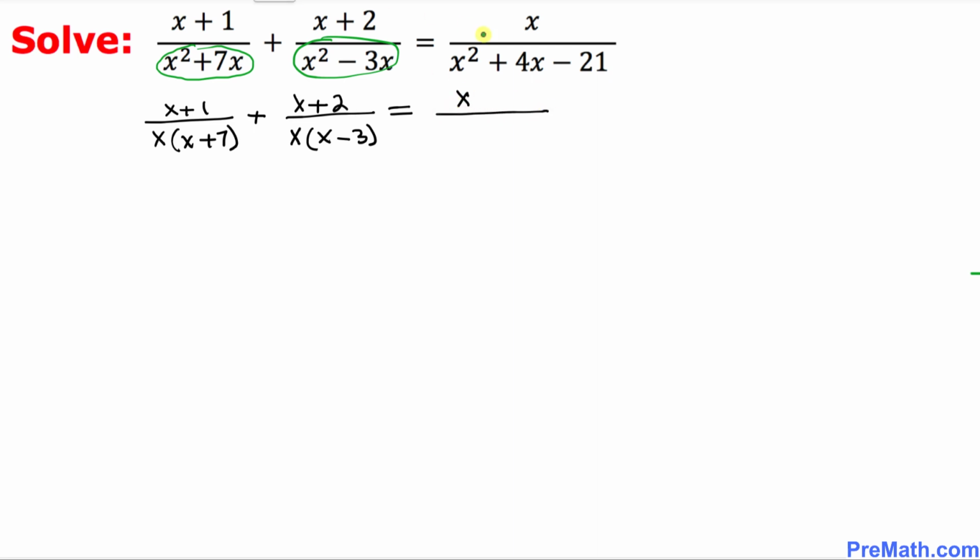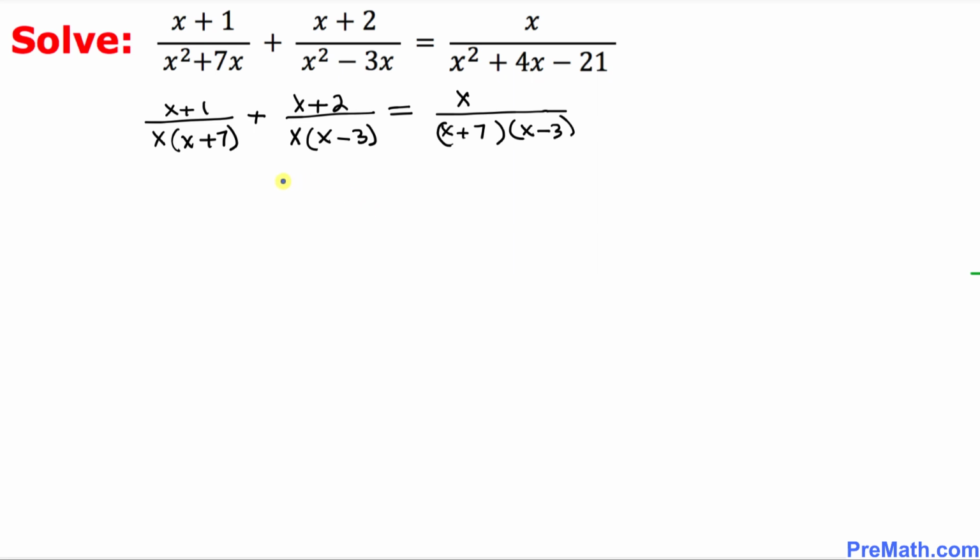And we have a quadratic at the denominator, which could be easily factored out. So the possible factors are going to be x plus 7 and x minus 3. So far so good.